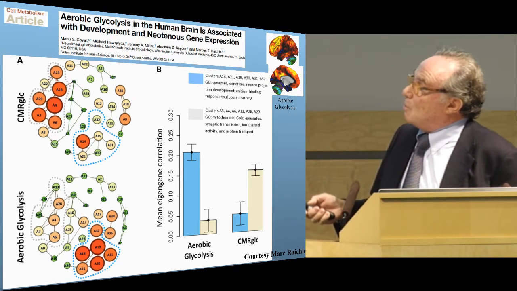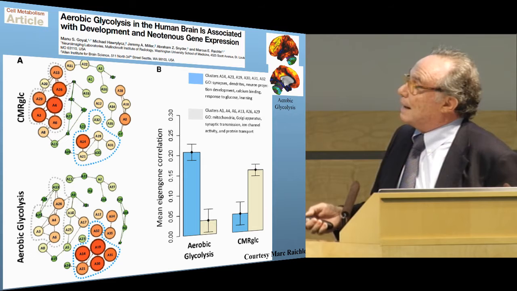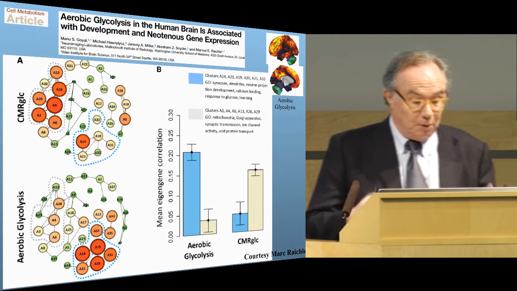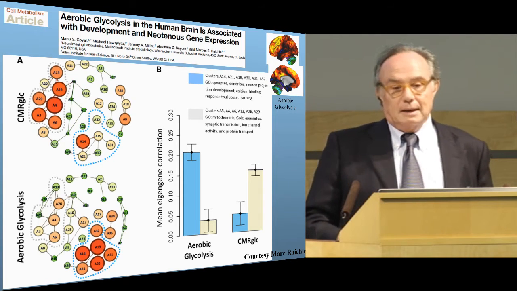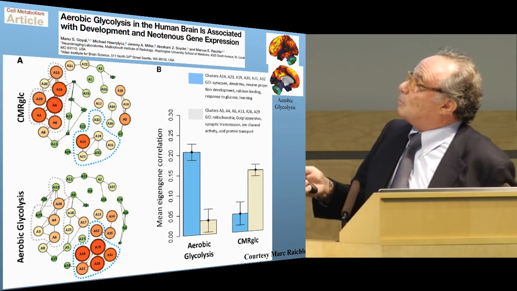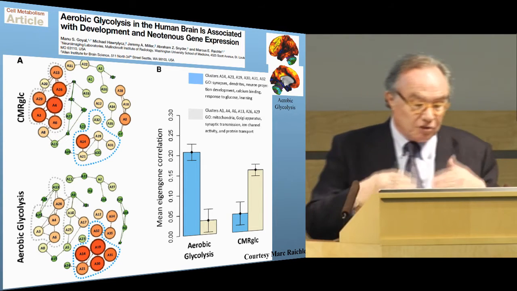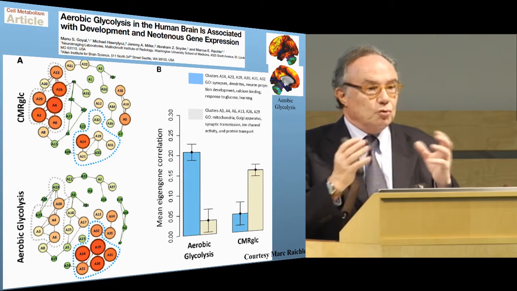And when one makes a correlation between the regions where aerobic glycolysis is operational in the adult, which is essentially the default mode, this correlates with the expression of genes involved with synapse growth, dendrites, neuronal projection, axonal growth, everything that has to do with plasticity.